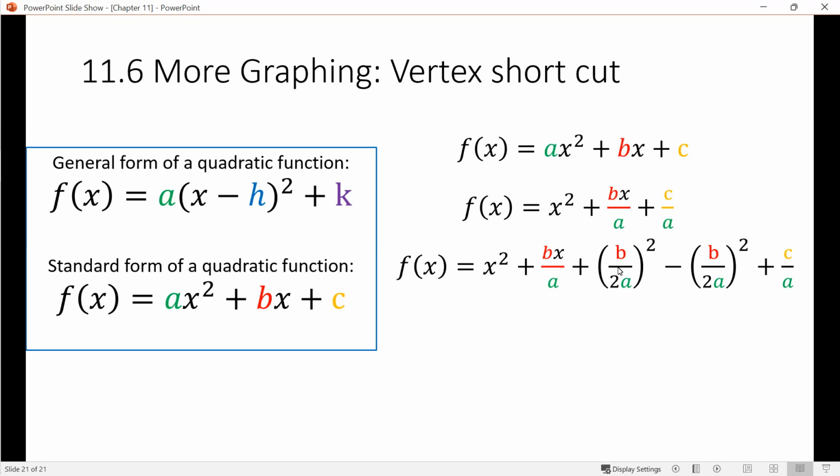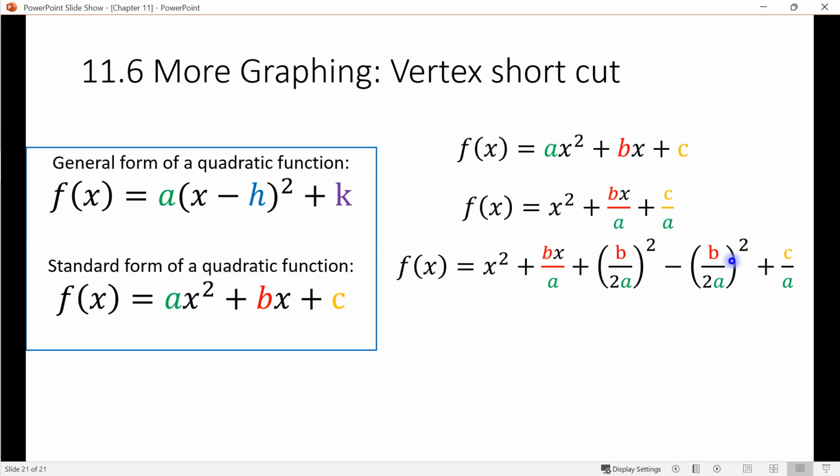This piece right here, this (b over 2a) squared, is the perfect constant term that we need to complement this b over a coefficient to make these first 3 terms fold into a perfect square. But notice if we add this (b over 2a) squared, we also have to subtract (b over 2a) squared, and we still have this c over a, which was whatever our original constant term was divided by that first coefficient, okay? So these 2 pieces, the plus and the minus, that's our addition of 0, right?